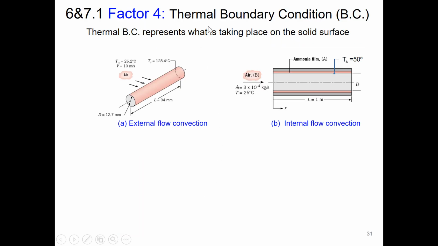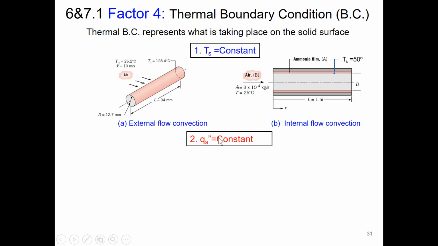Factor 4, thermal boundary condition, BC. We know that convection is between solid surface and moving fluid. Therefore, the thermal boundary condition really represents what is taking place on the solid surface.